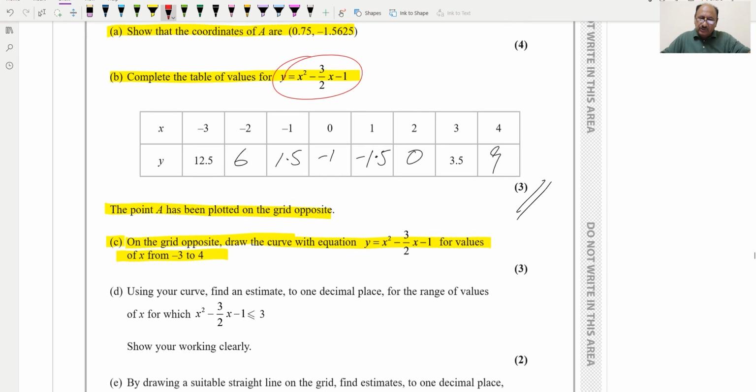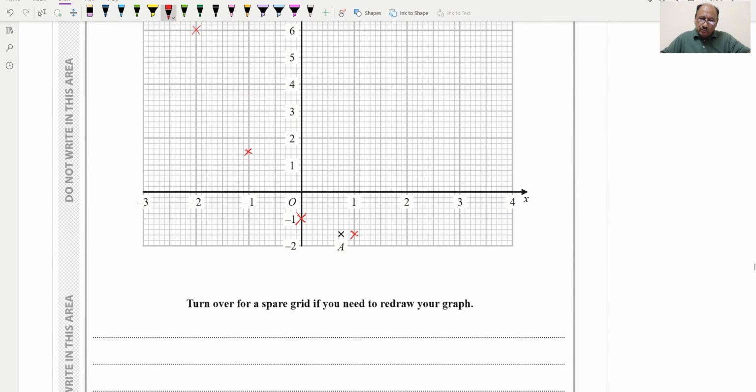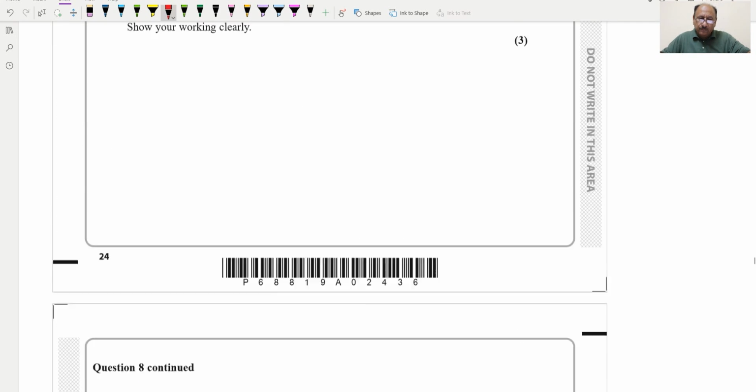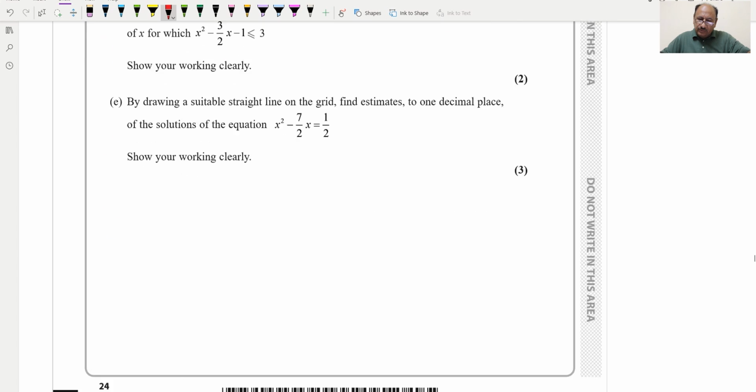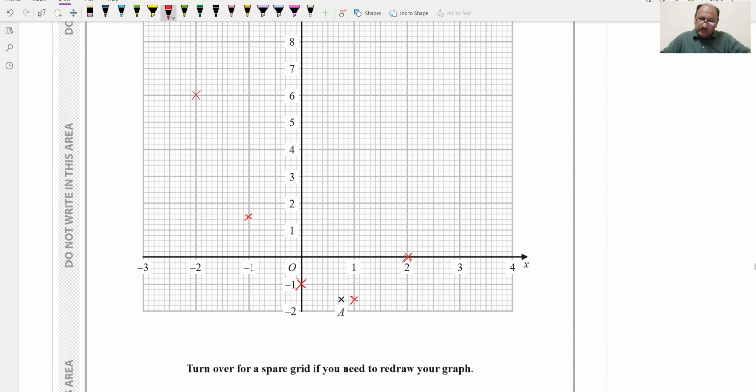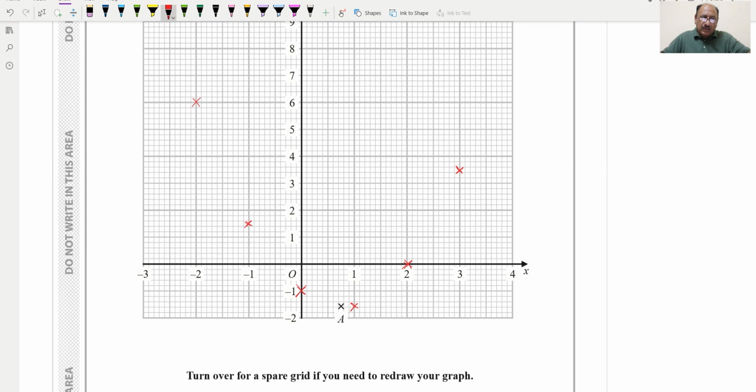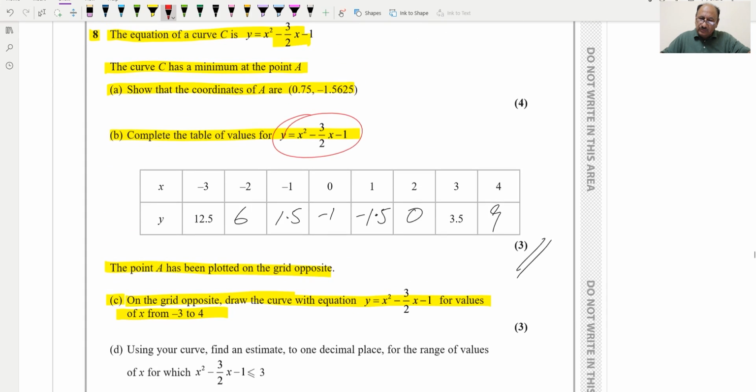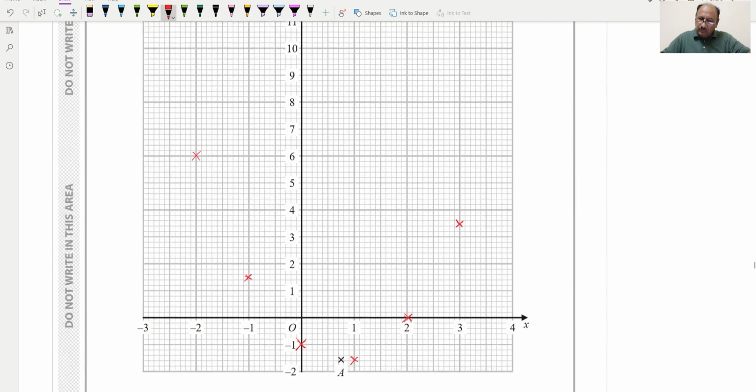Now next is 2 and 0. So 2 and 0 is this point, which we are done with. Now 3 and 3.5. 3 and 3.5 is this one, and next is 4 and 9.